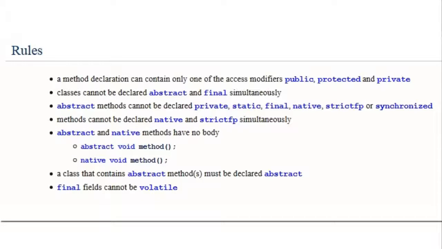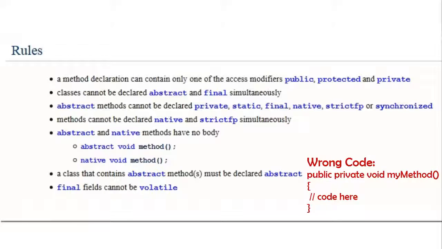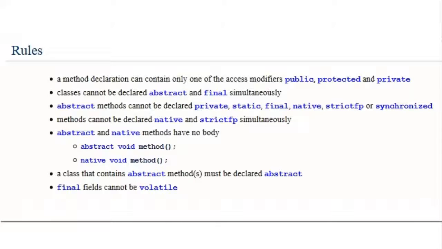for the modifiers in Java. A method declaration can contain only one of the access modifiers. It means if you declare a method public void myMethod, you cannot declare public private void myMethod. A class cannot be declared as abstract and final simultaneously.